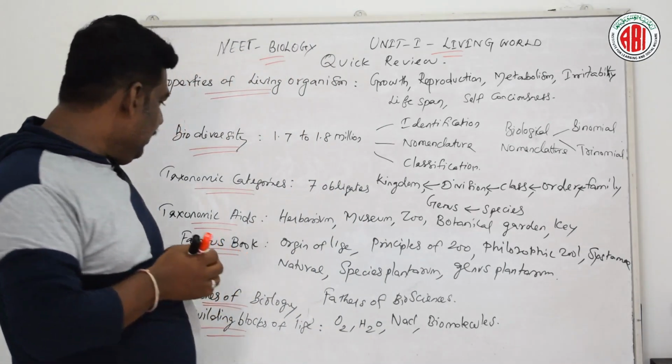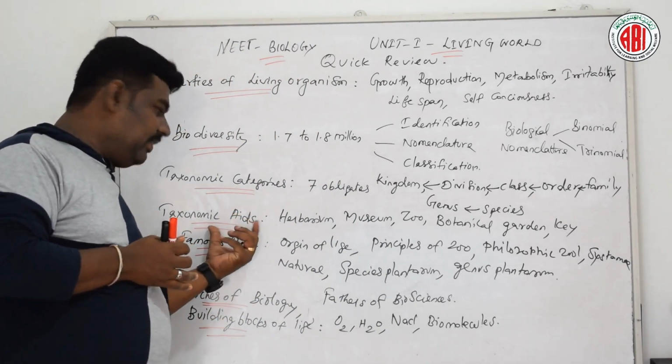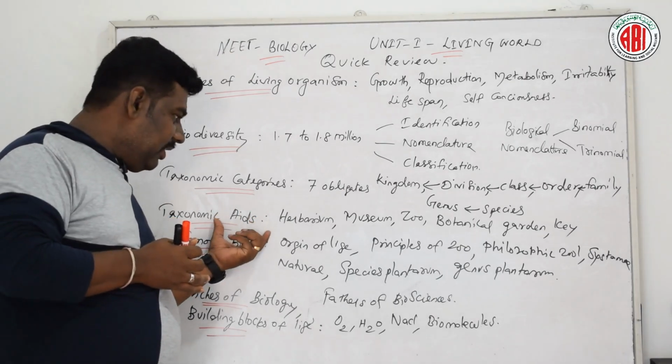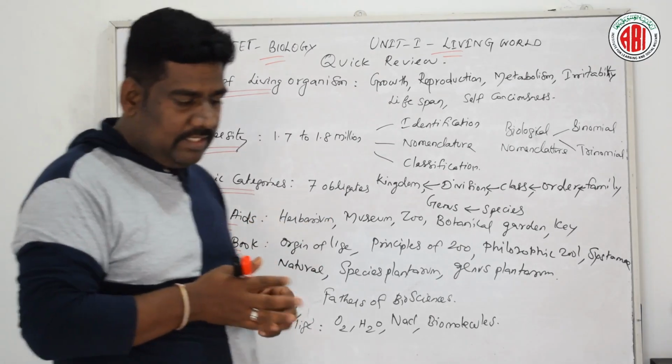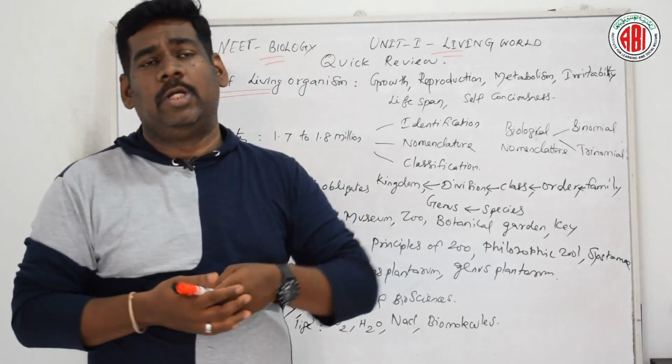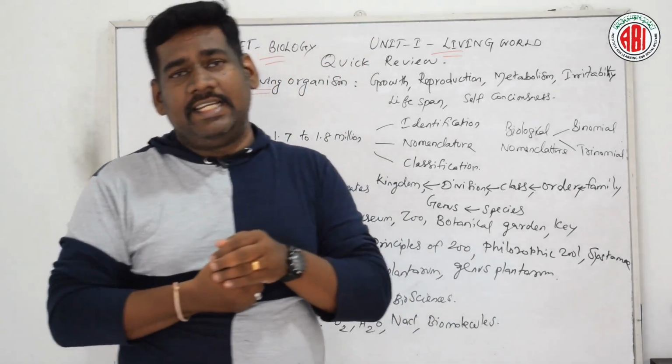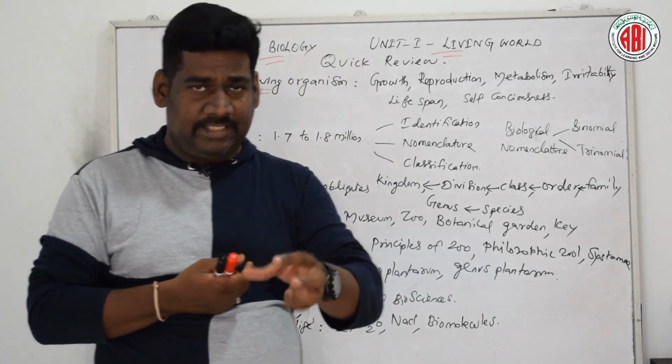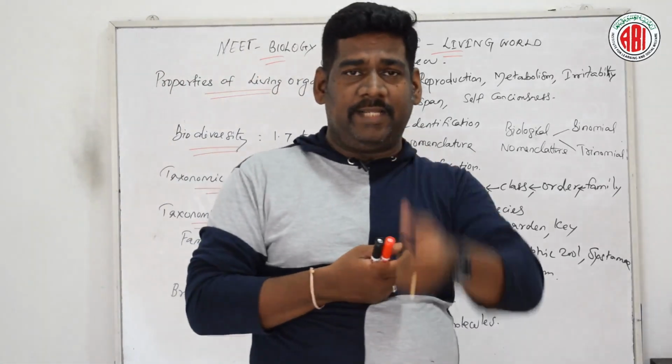Then when we talk about taxonomic aids, these are aids which help us to study in detail a particular species, a plant species or an animal species.